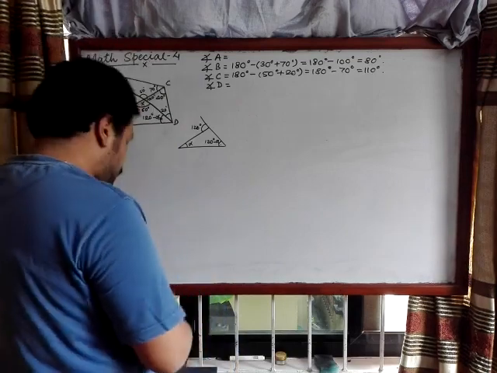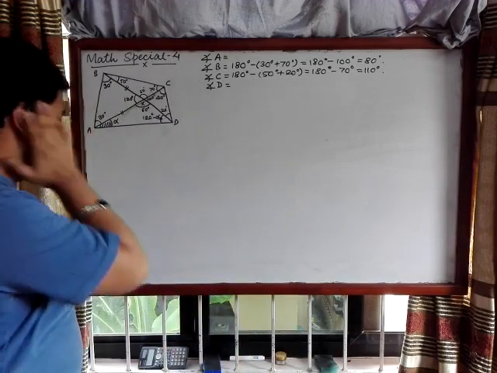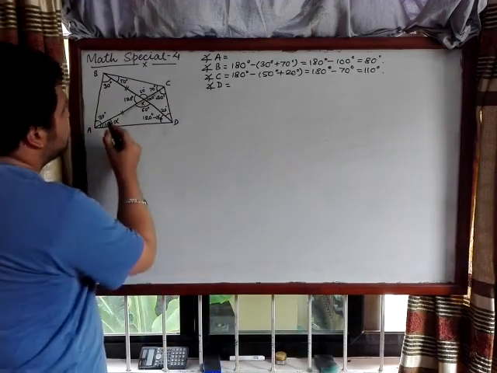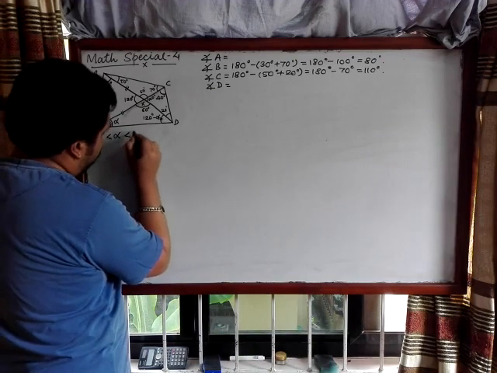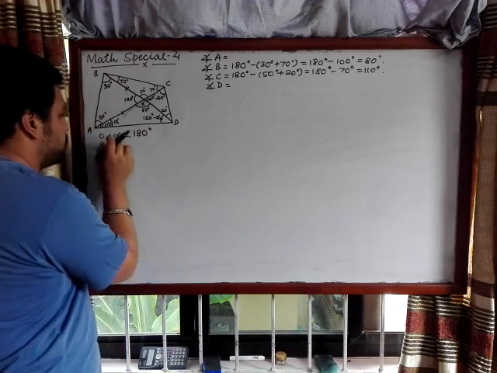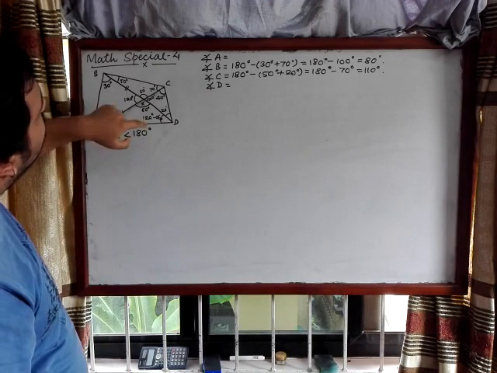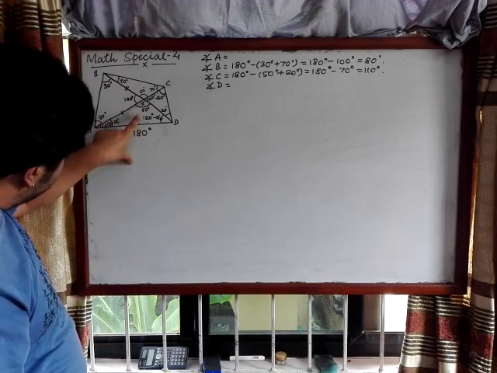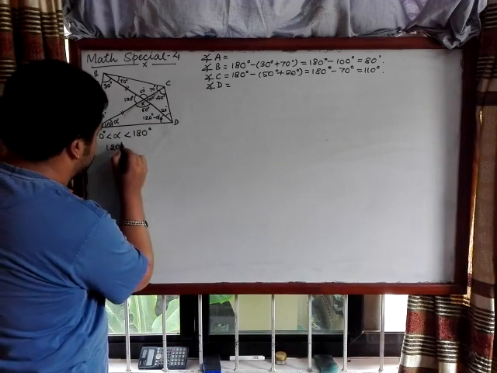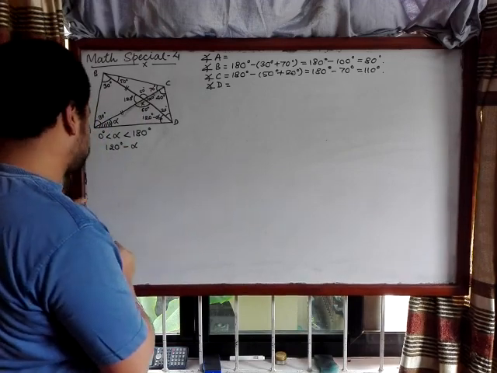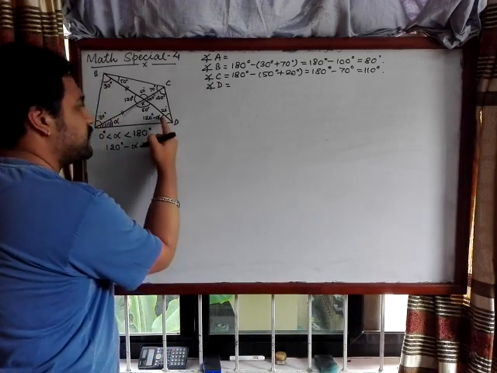One thing we need to note is that since alpha is an angle of a triangle, it must be greater than 0 degrees and less than 180 degrees. Since this angle is 120 degrees minus alpha, it must also be greater than 0 degrees, as it is an angle of a triangle.